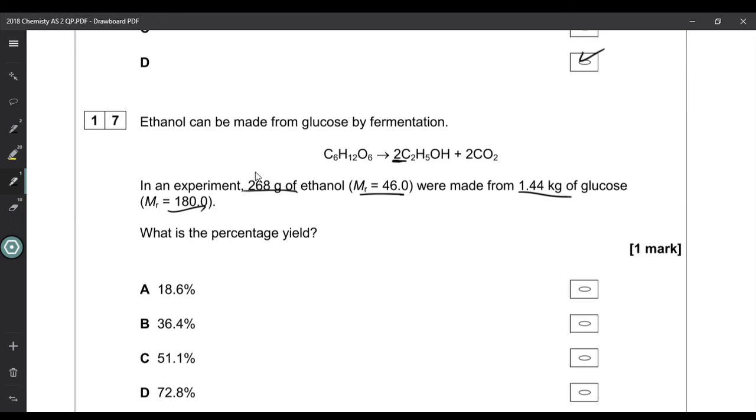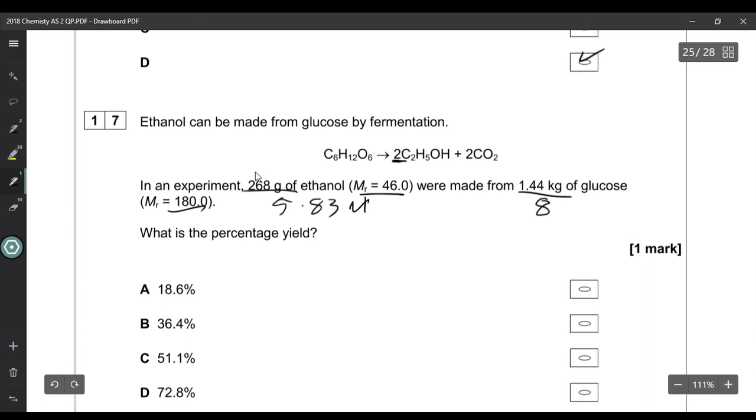The number of moles of ethanol would be our 286 divided by 46, and that comes out to be 5.83 moles. And how much glucose we started with, that'd be 1.44 divided by 180.